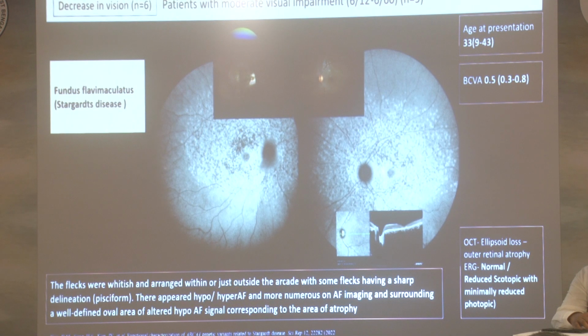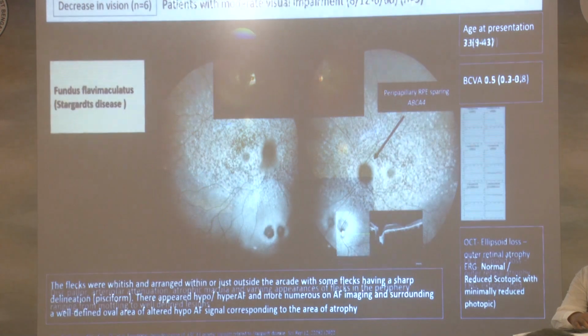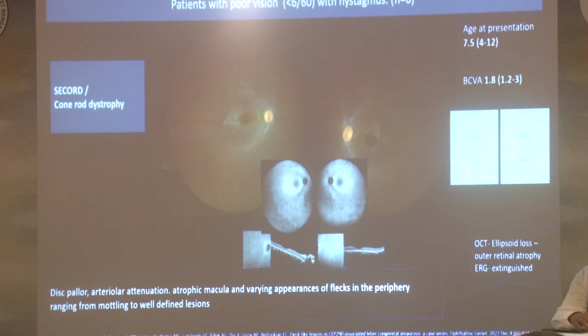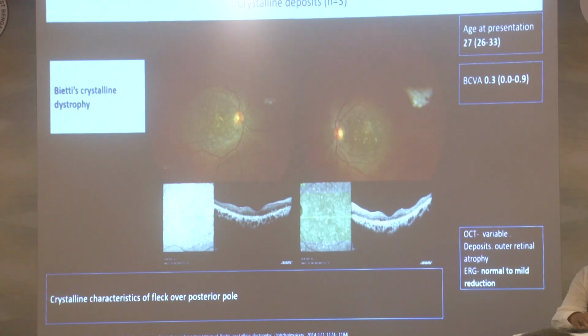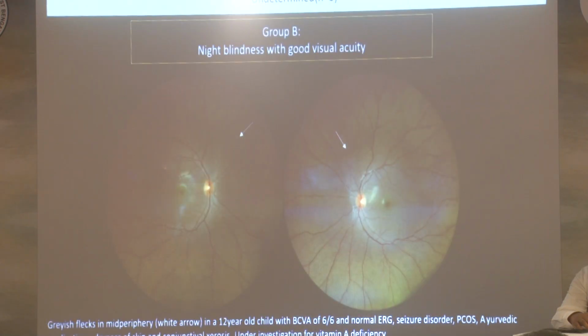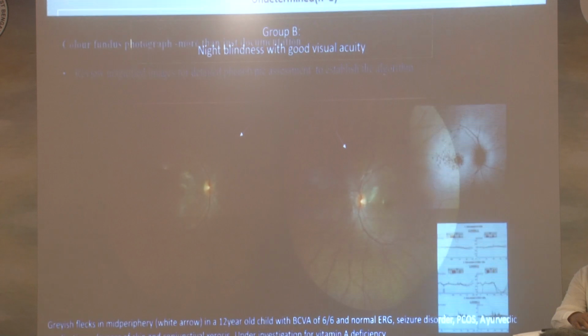Now, in this group, another patient had this peripapillary RPE sparing, which was seen in autofluorescence, which is a finding typical of ABCA4 mutation. So for want of time, I'll just skip this, and I will go on to the undetermined category. So this was a 12-year-old girl who came with night blindness, 6/6 vision, and her ERG was almost normal, and she is under treatment for multiple systemic issues. She is currently under evaluation for vitamin A deficiency.